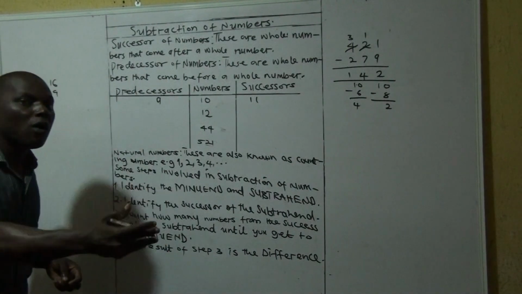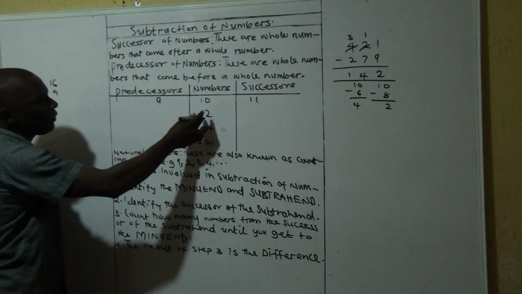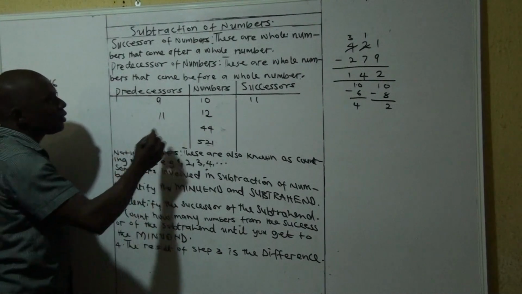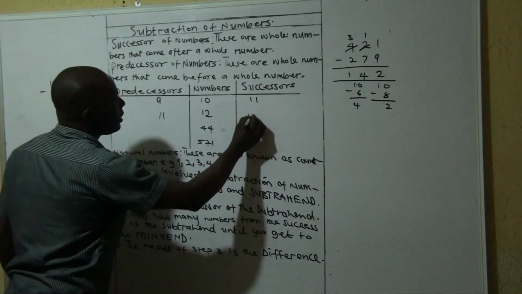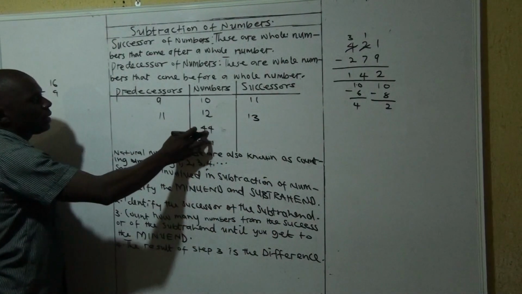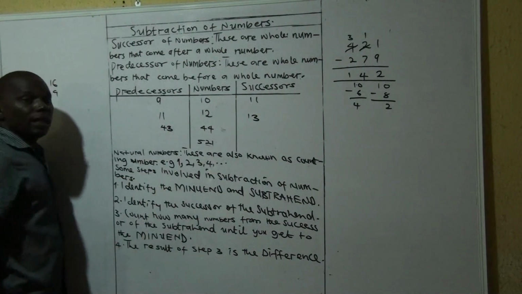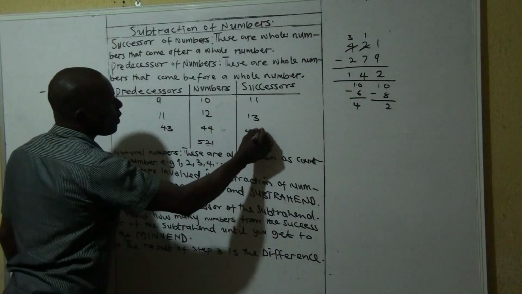The number before is the predecessor, and the number after is the successor. If you look at 12 here, the predecessor of 12 is 11, and the successor is 13. If you look at 44, the predecessor will be 43 and the successor will be 45.